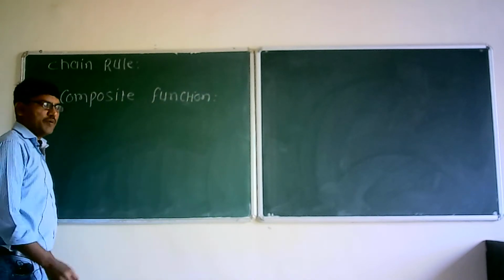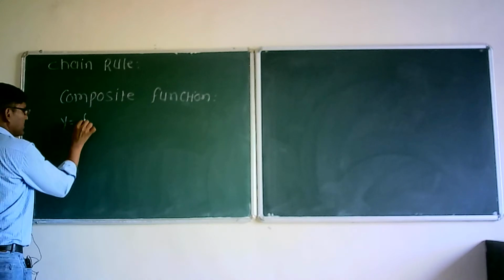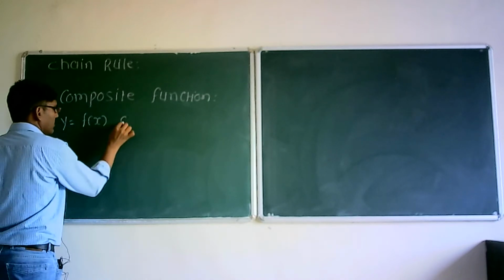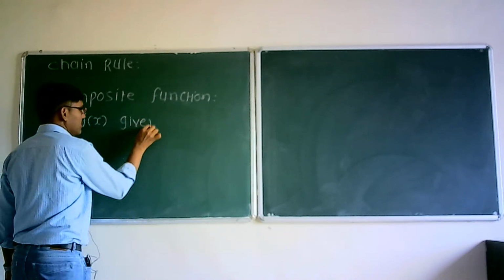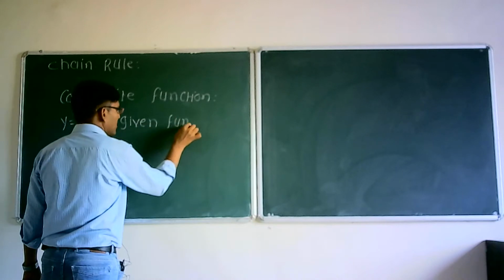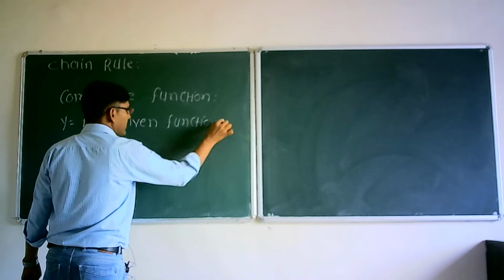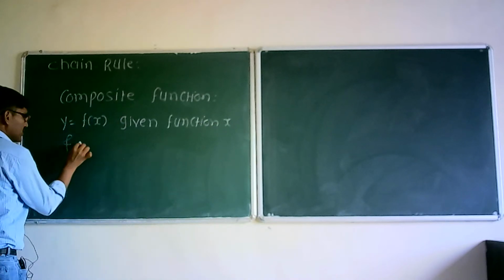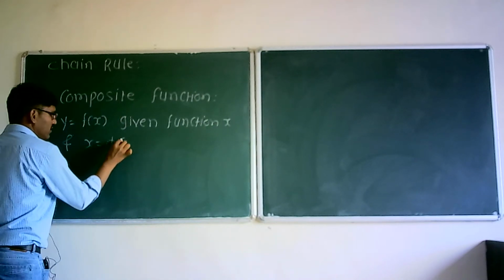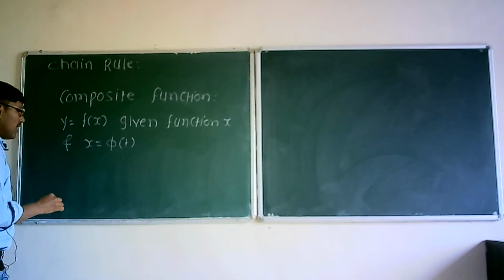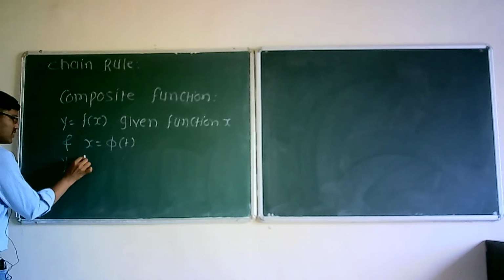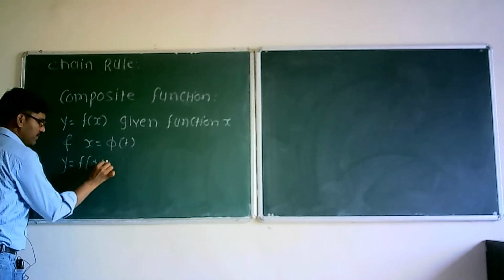For one variable, if y is equal to f of x is the given function, and if x is a function of t, that is x is equal to phi of t, then the composite function is defined as y is equal to f of phi of t.